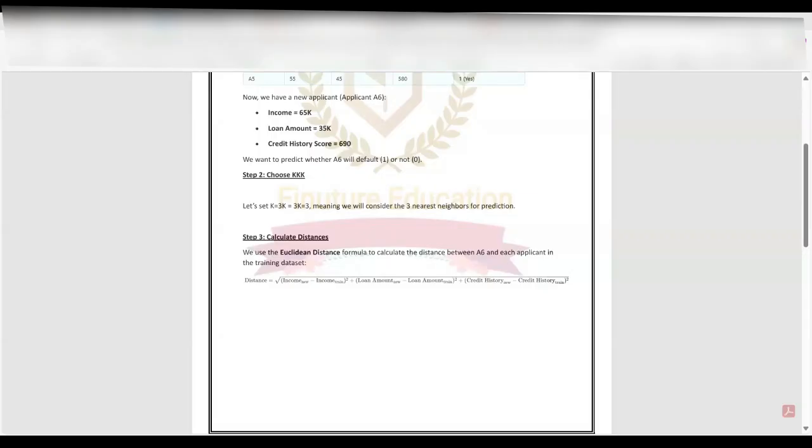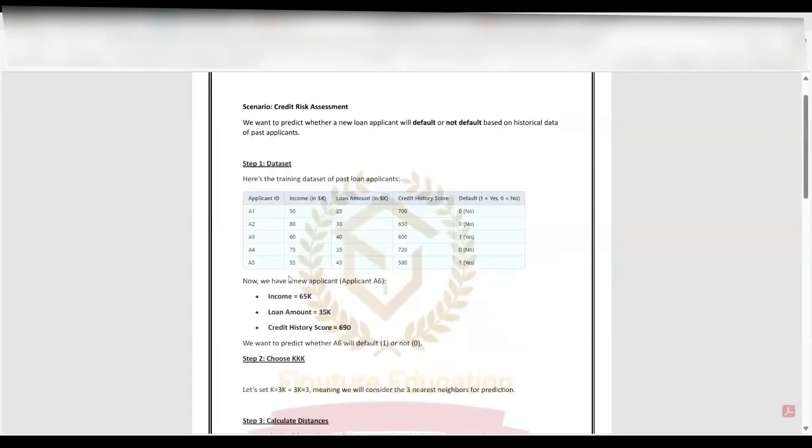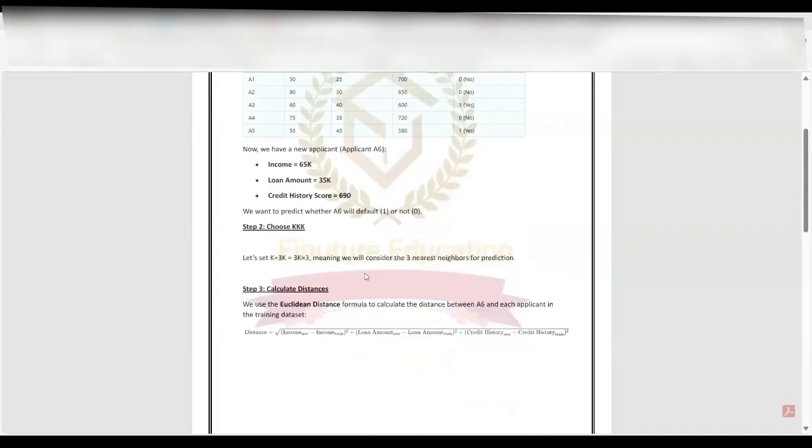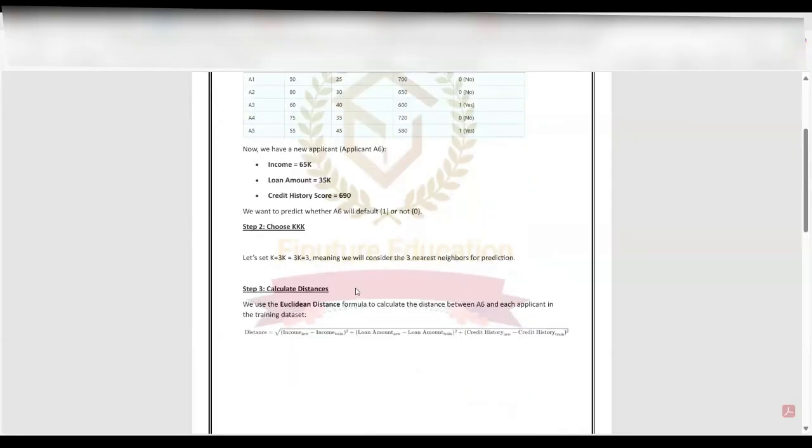Usually, whatever your number of training data is, say for example over here we had 5, the square root of the number of training data is usually chosen as your k value. So k value largely impacts your decision.